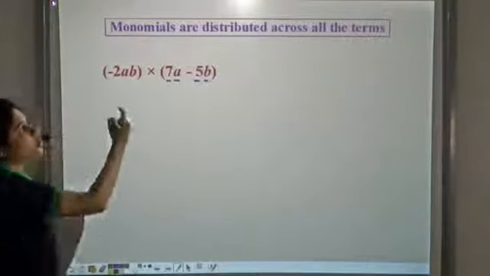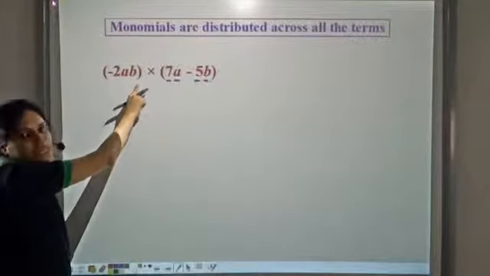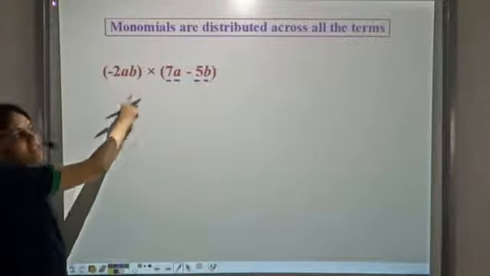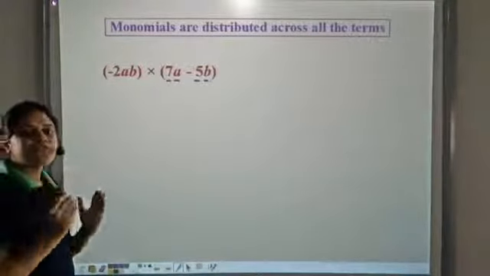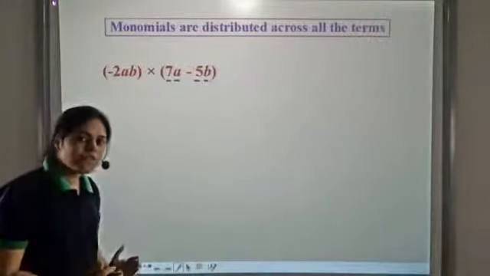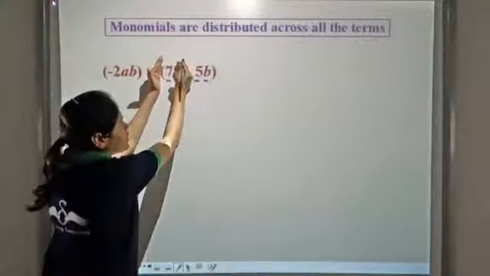No. Monomials, or expressions containing single terms like negative 2ab, are distributed across terms. So we have to see what the terms of the expression are and multiply negative 2ab with the terms.